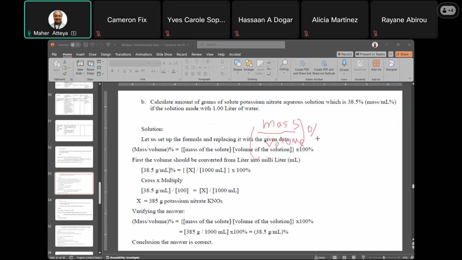Percentage equal mass of the solute divided by the volume of the solution multiplied by 100. This is a formula, correct?